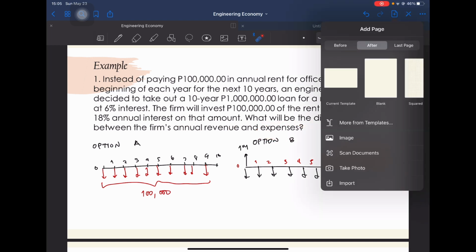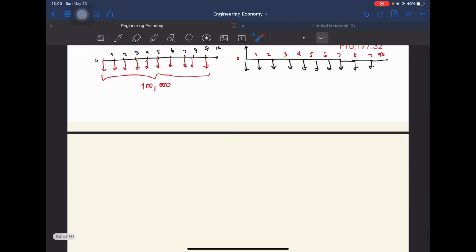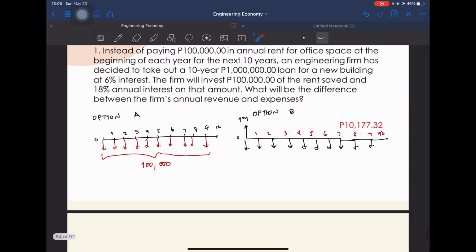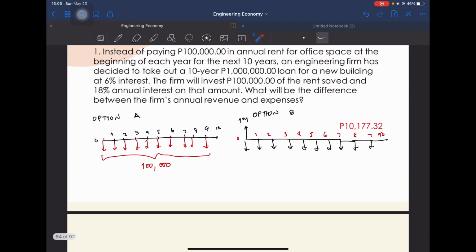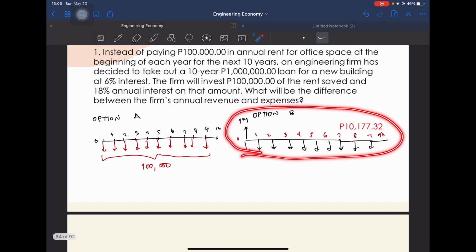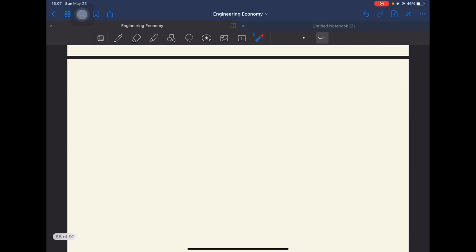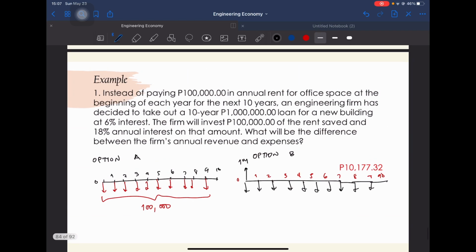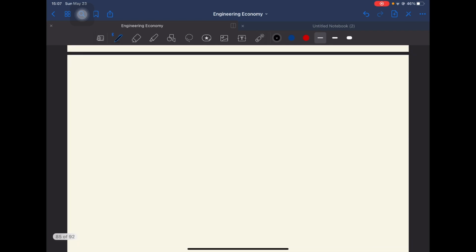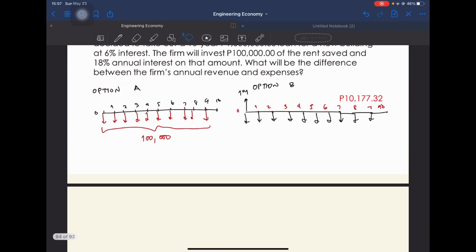Okay, so ganito. Magkano kaya yung binabayad nila dun sa 1 million? Okay, so una, magkano yung binabayad nila dyan sa 1 million na yan? Assuming that this is annuity due. Okay, so 1 million pesos yung present worth. Ito nga, kopyahin na lang natin to. Itong option B.